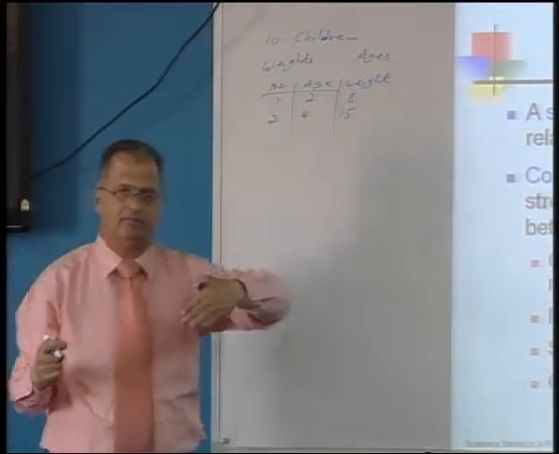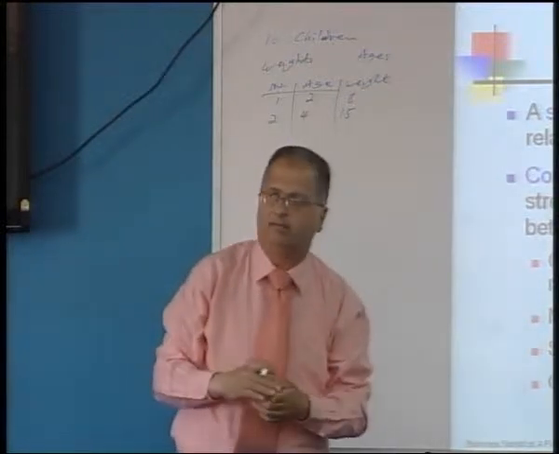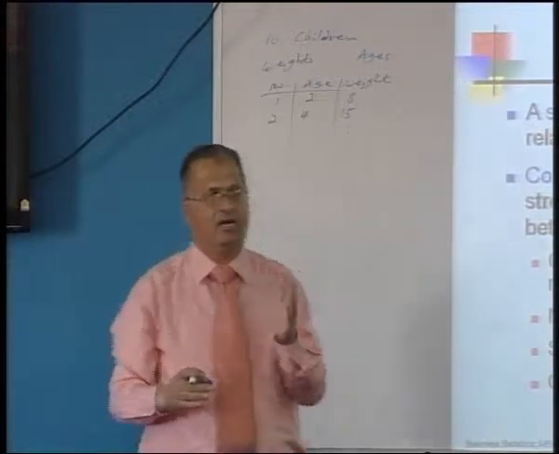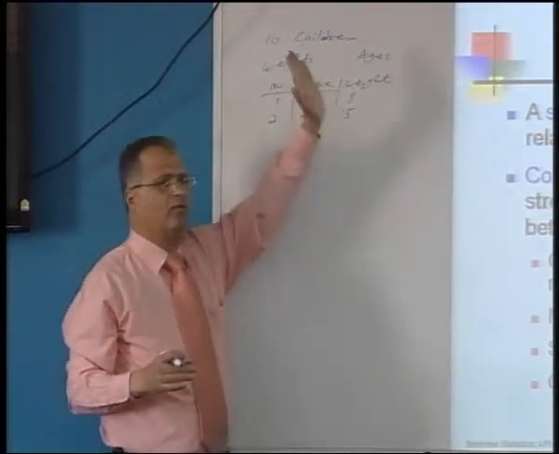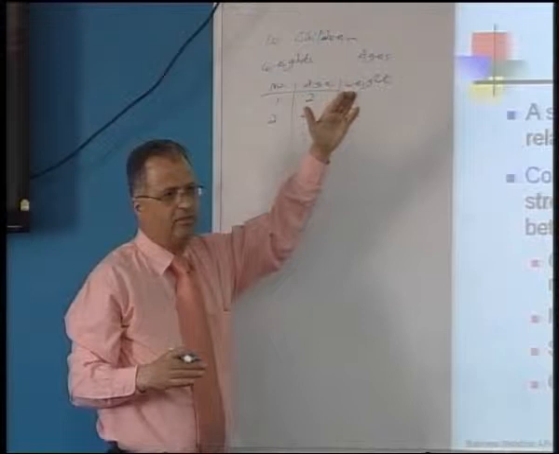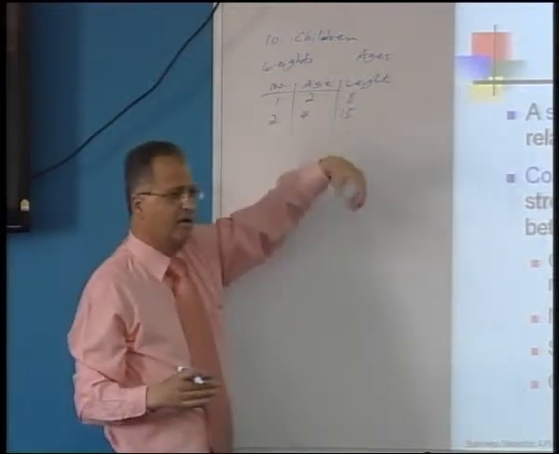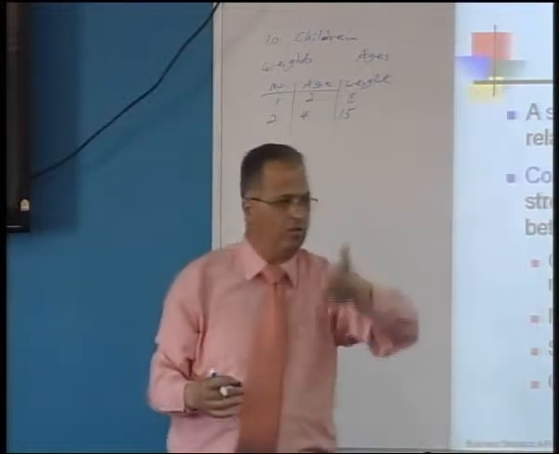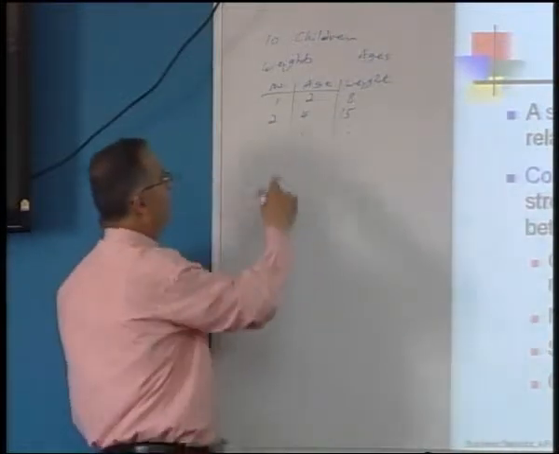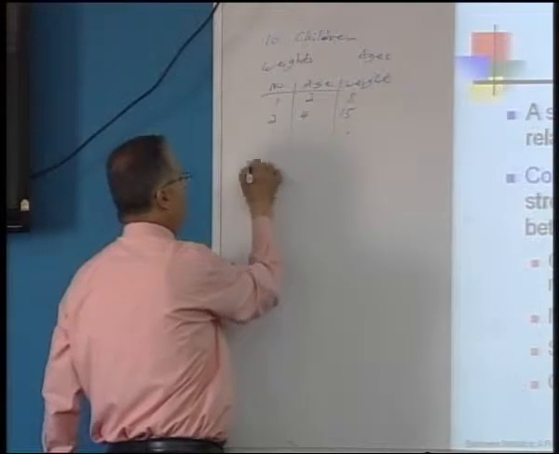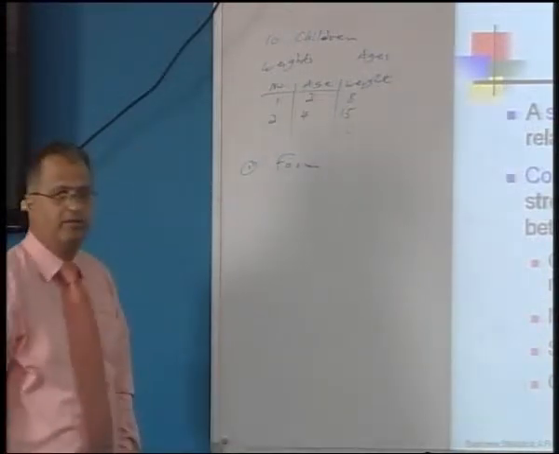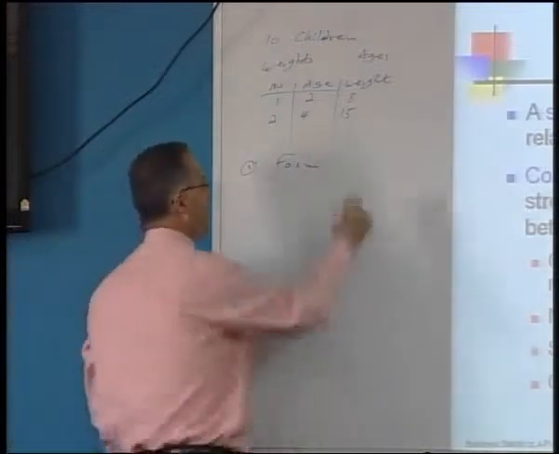Maybe there sometimes exists a positive relationship between the 2 variables. That means if one variable increases, the other one also increases. If one variable decreases, the other will also decrease. So they have the same direction, either up or down. So we have to know, number 1, the form of the relationship. This form could be linear.